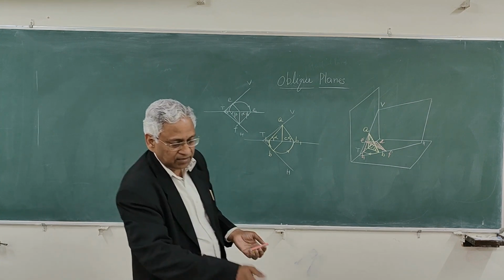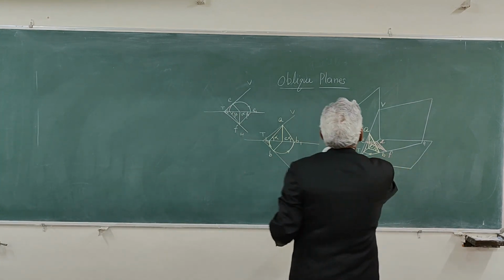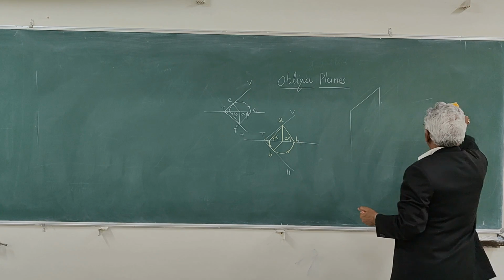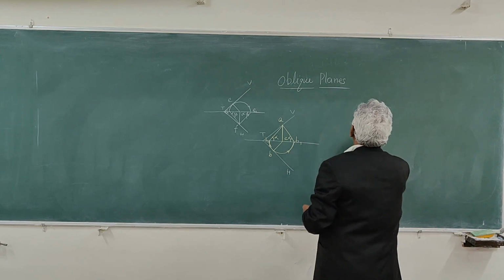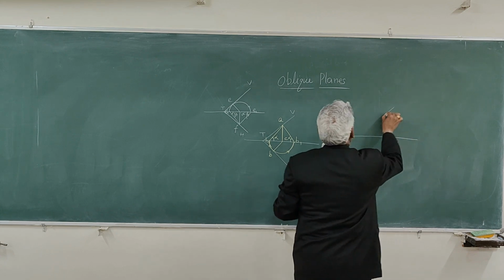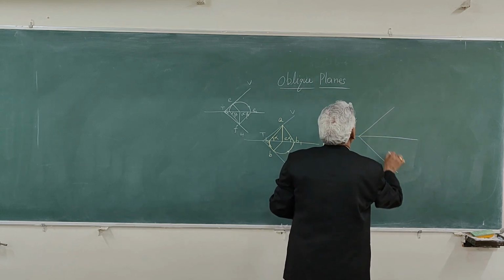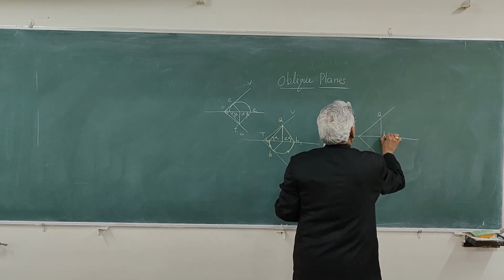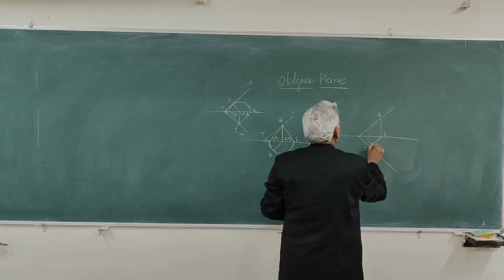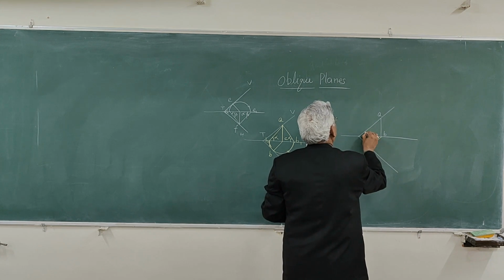When you combine these two figures, you have an oblique plane; you take a point A, B, C and rotate it to C1.